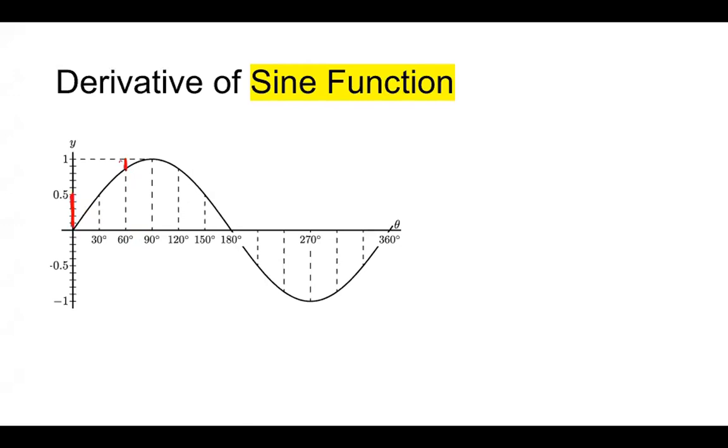So the derivative must be decreasing at some point. Just keep that in mind. The sine function represents something which is changing, but the change becomes slower as you go away from 0 degrees. If you go until 90 degrees, the rate of change becomes slower and lower.